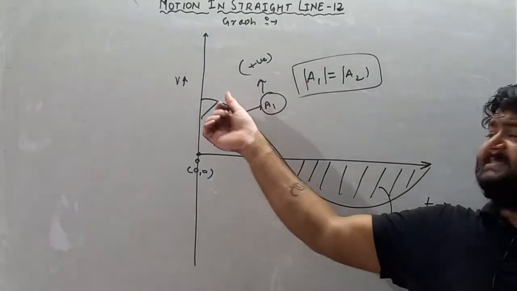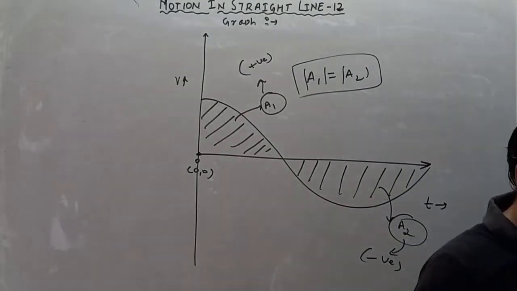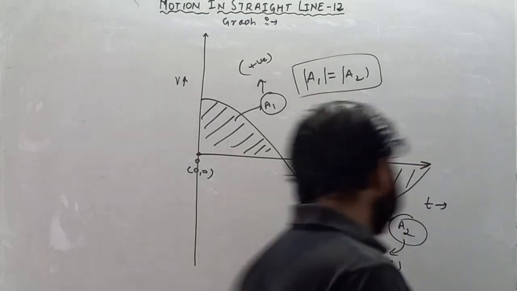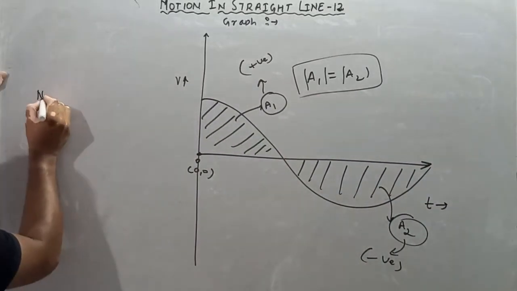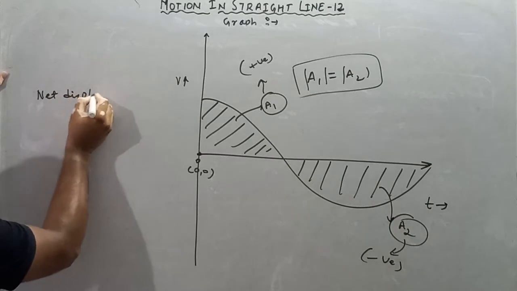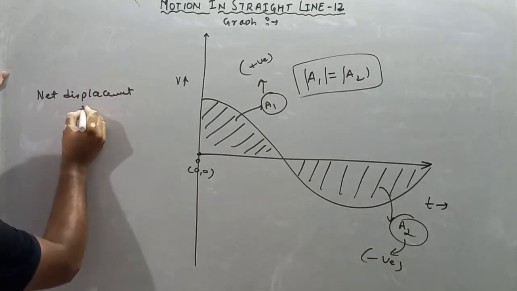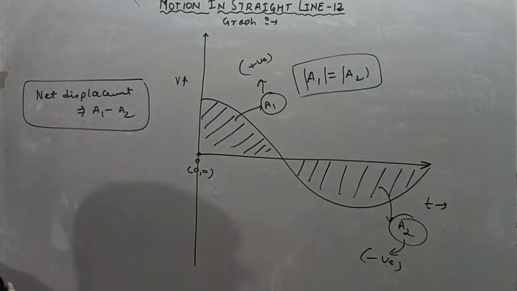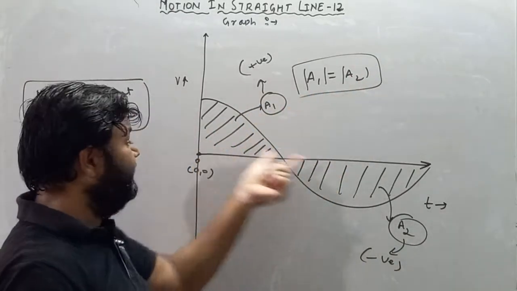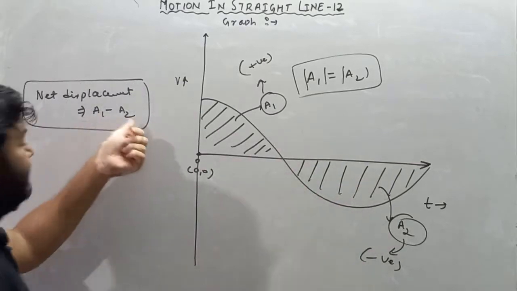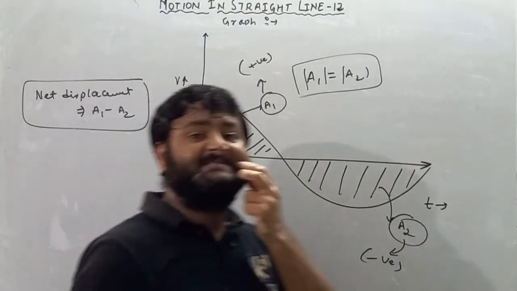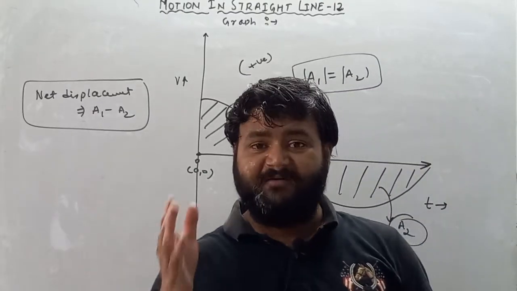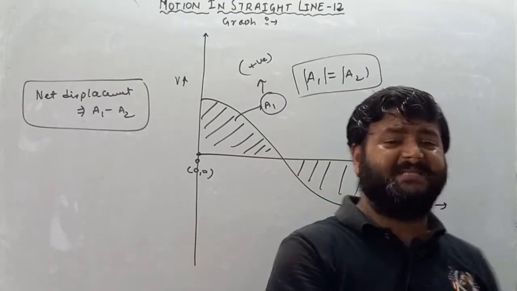So in the upward side the displacement is positive, and in the downward side the displacement is negative. So net displacement in such a condition will be A1 minus A2. Remember this thing. And if the areas A1 and A2 are the same, then A1 minus A2 means displacement is nothing but 0. It means the initial point and final point of motion are the same. Remember this thing, my dear student.